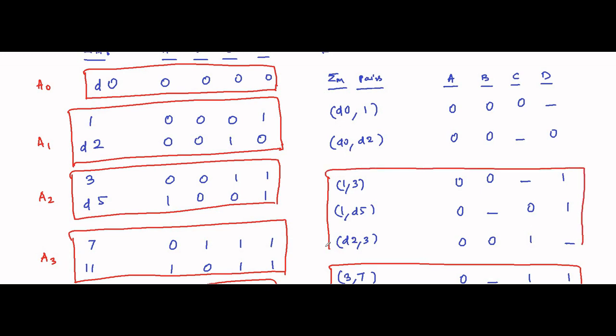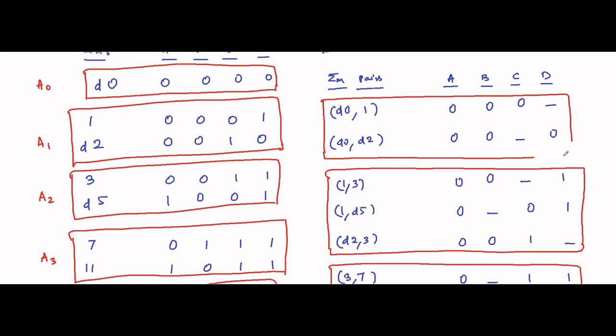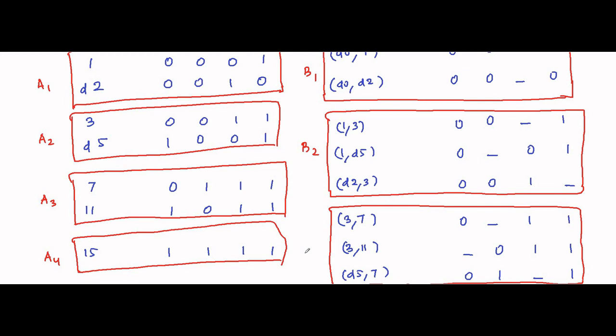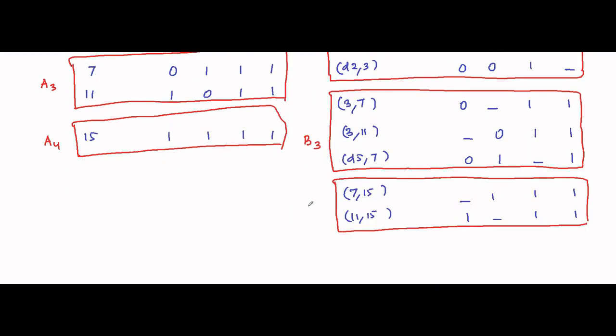Okay, and then we have D0 1 and D0 D2 in another group. So we can name the groups as B1, B2, B3 and B4. Okay, the minterm pairs.